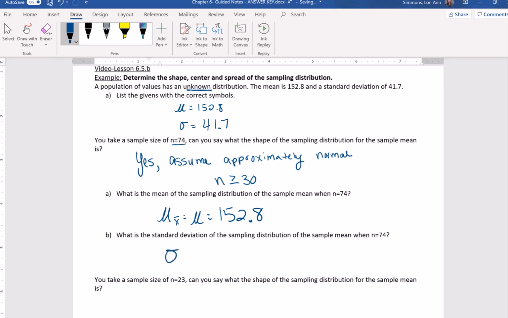Standard deviation of the sampling distribution of the sample mean. So standard deviation of the sample mean is sigma over the square root of n. So sigma is 41.7 over the square root, and n is 74. If you ever needed to have a non-rounded answer, this is what you would use.